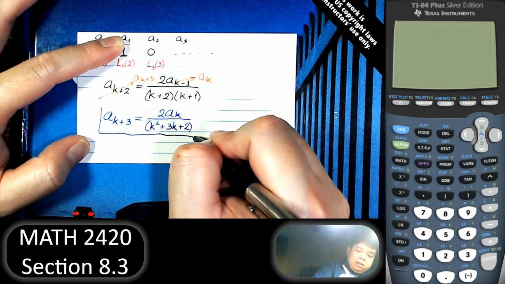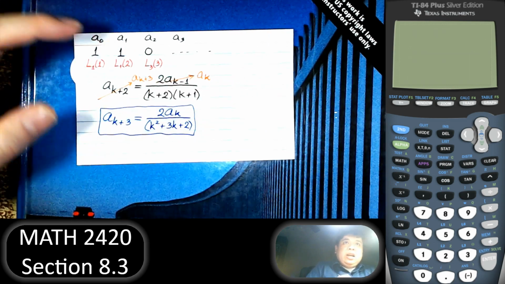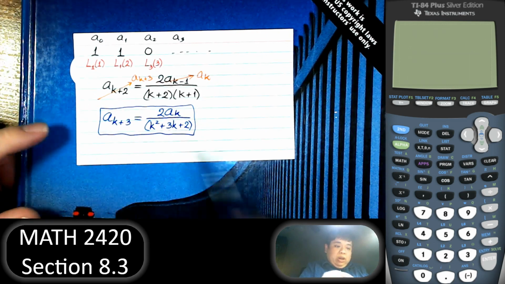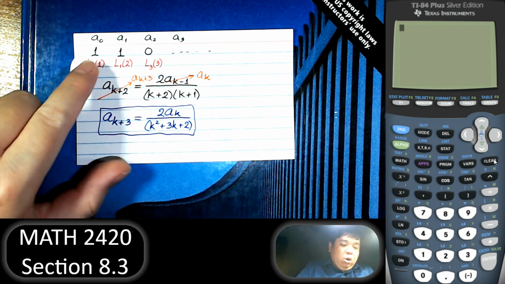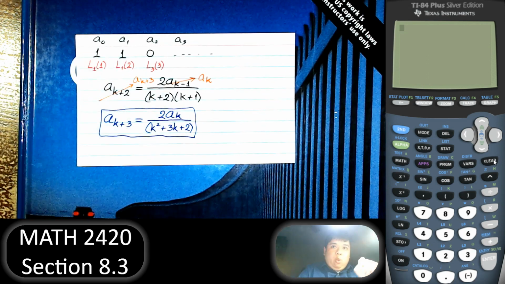That is the relation. If we don't want k, we can use a different letter. Right, now this is what we put in the calculator. We know the sequence starts with 1, 1, and 0. So let's start with 1, comma 1, comma 0, comma 0.